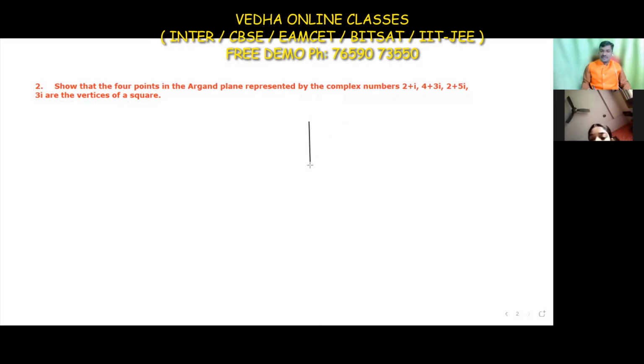Okay, take the square. What are the given vertices? A, B, C, D. 2 plus i means real part 2 and imaginary part coefficient 1, so 2 comma 1.